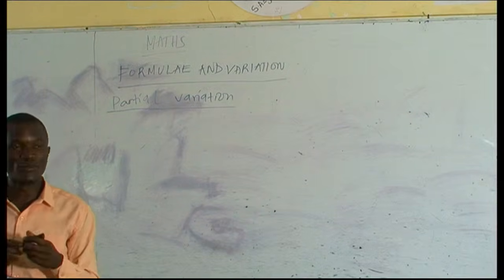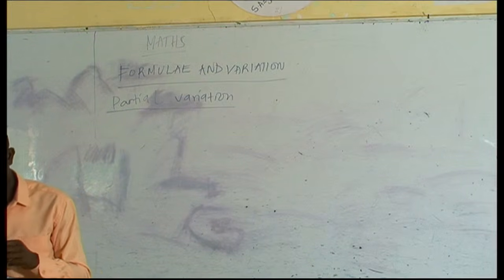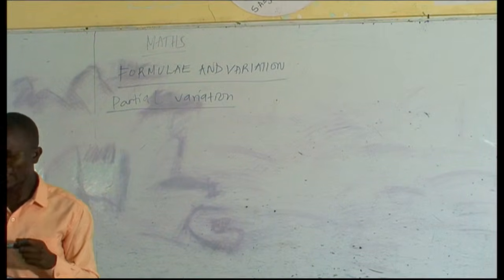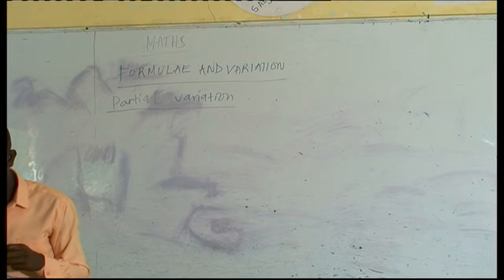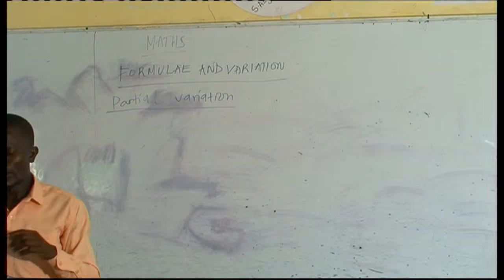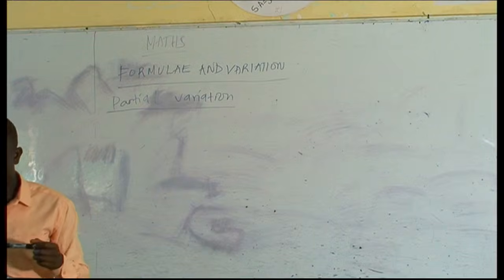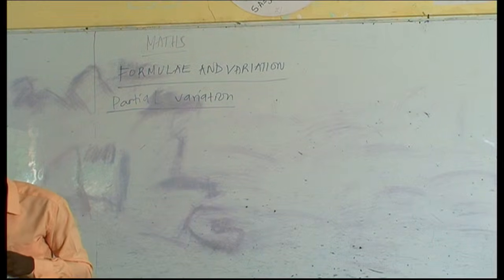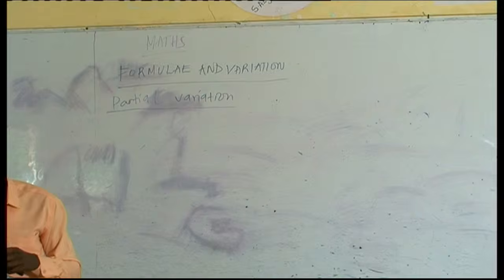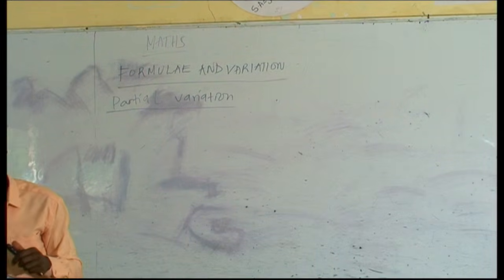The question reads: a quantity V is partly constant and partly varies inversely as the square of W. If W is 2 when V is 14, and W is 3 when V is 9, write an equation connecting the two.